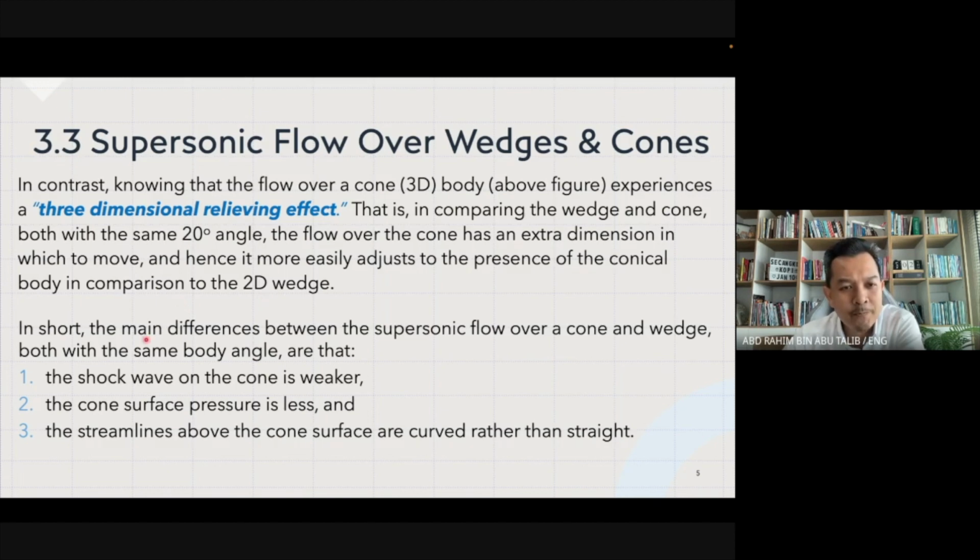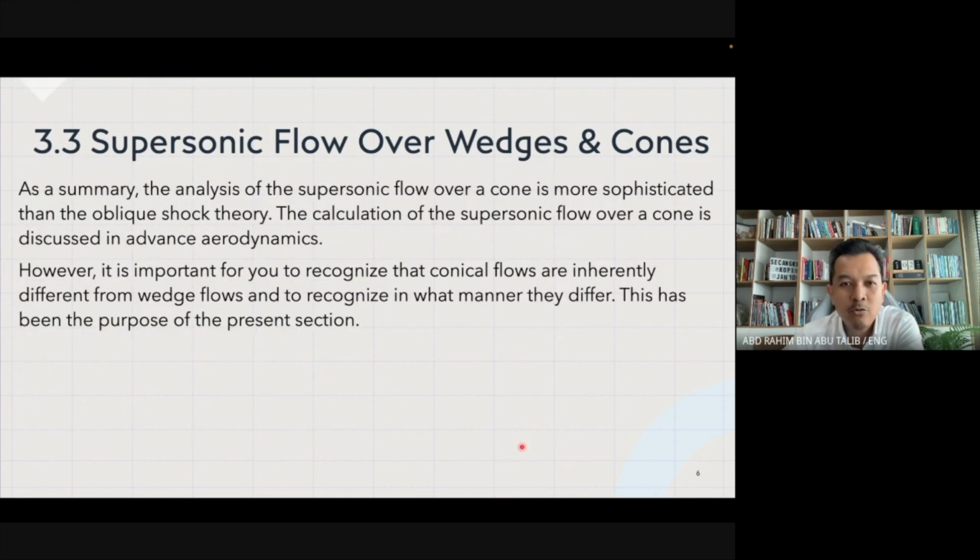So in short, the main differences between the supersonic flow over a cone and a wedge, both with the same body angle, let's say 20 degrees, are that the shock wave on the cone is weaker, and the cone surface pressure is less. At the same time, the streamlines above the cone surface are curved rather than straight.